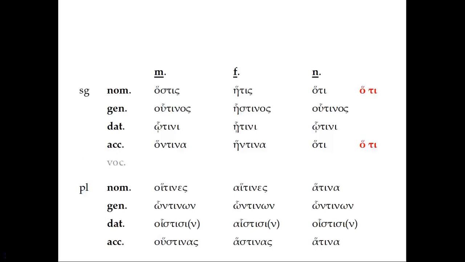So instead of ho ti without the space, we see ho ti with a space. It means the same thing. It's this form of hostis, which we see again in indefinite statements. Whatever is one way to translate this. We also see it to mean what in indirect questions.